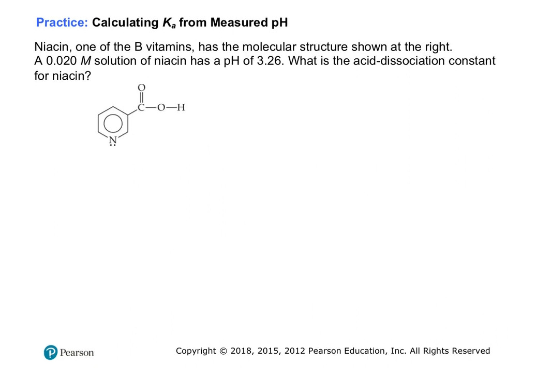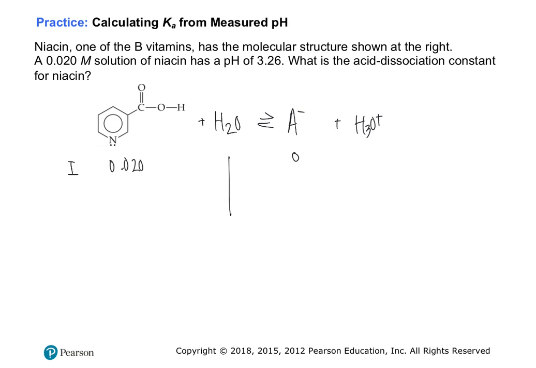Okay, here's another one. We have niacin. It's a bigger acid. It's going to react with water to form my conjugate base and hydronium. Okay, so niacin has a concentration of 0.02 molar.